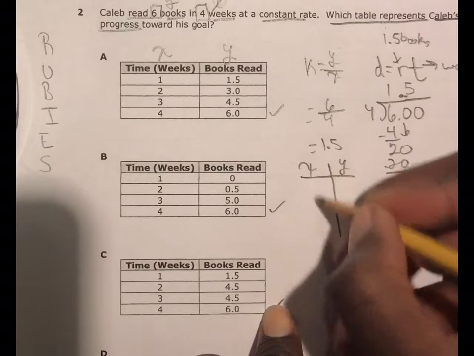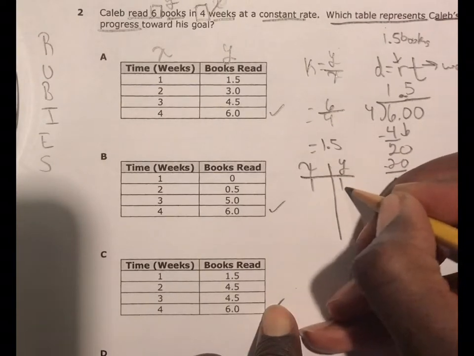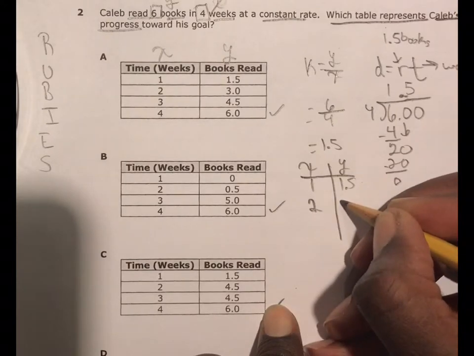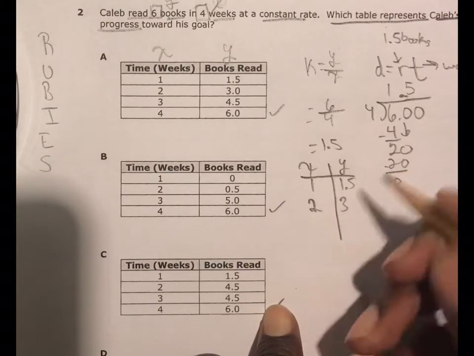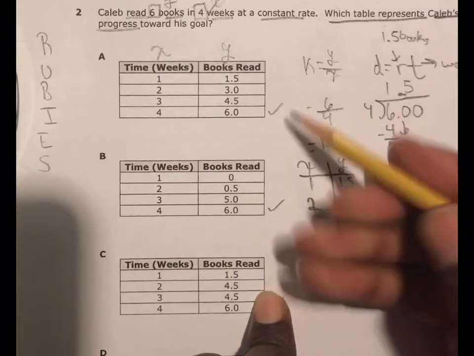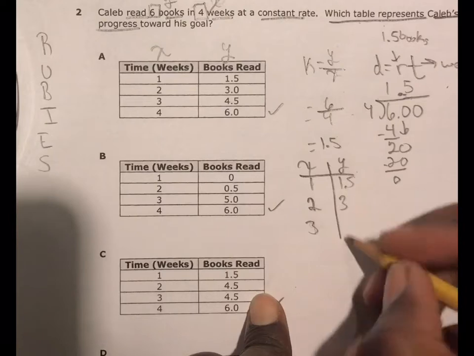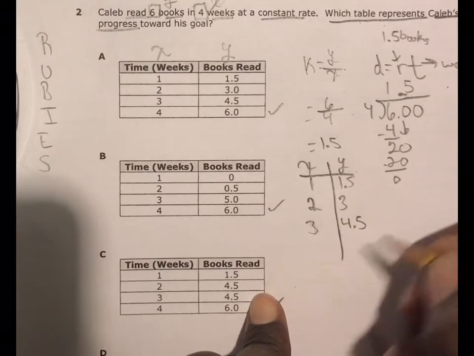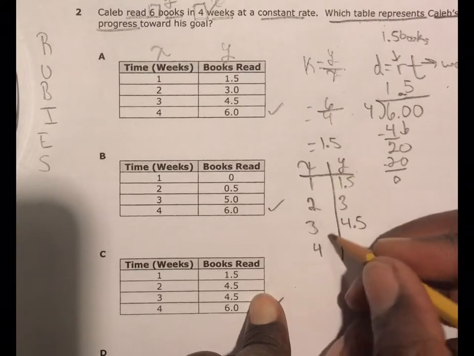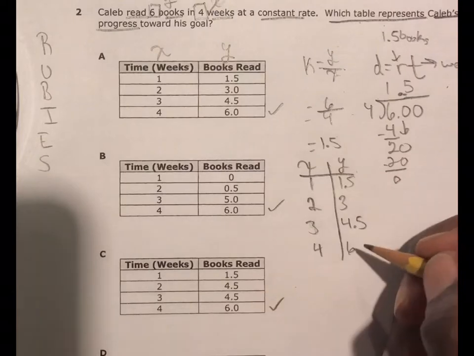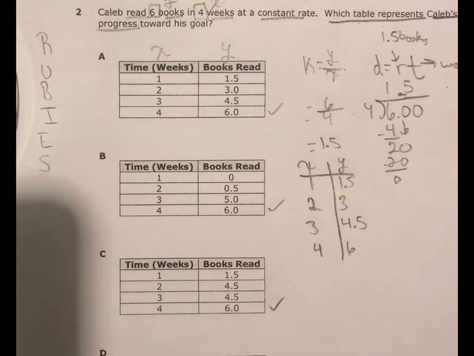X, Y. Well, we already know that 1 week, 1.5 books. 2 weeks, multiply times 1.5, that gives us 3 books. We're going to then get 3 weeks. 3 times 1.5 gets us 4 5/10 books. And multiply by 4 weeks. 4 times 1.5, as we already know, is going to get us 6, because that's what we found out in our division problem.